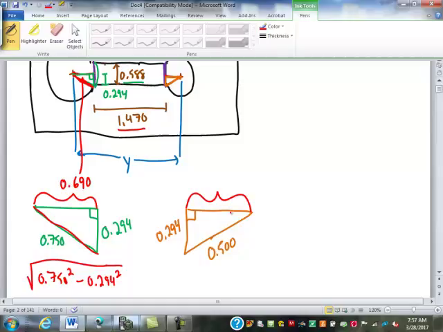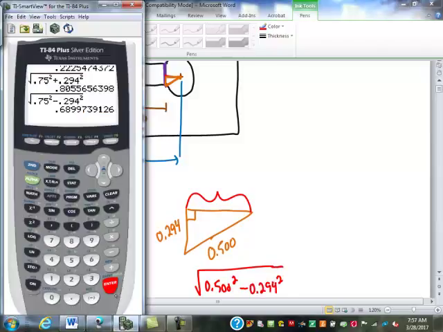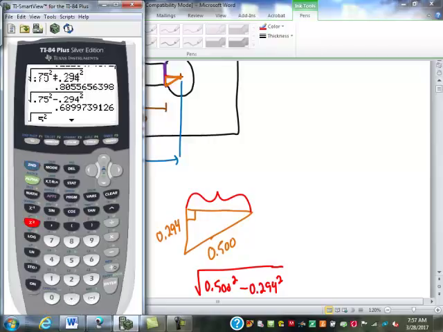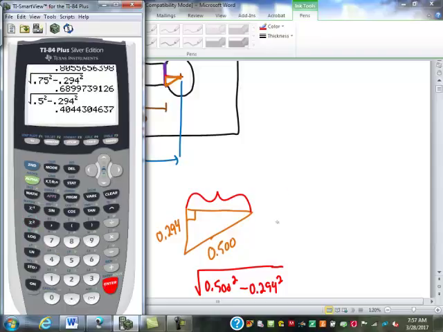So we can just do a squared plus b squared equals c squared again: the square root of 0.5 squared minus 0.294 squared again, which is 0.404.